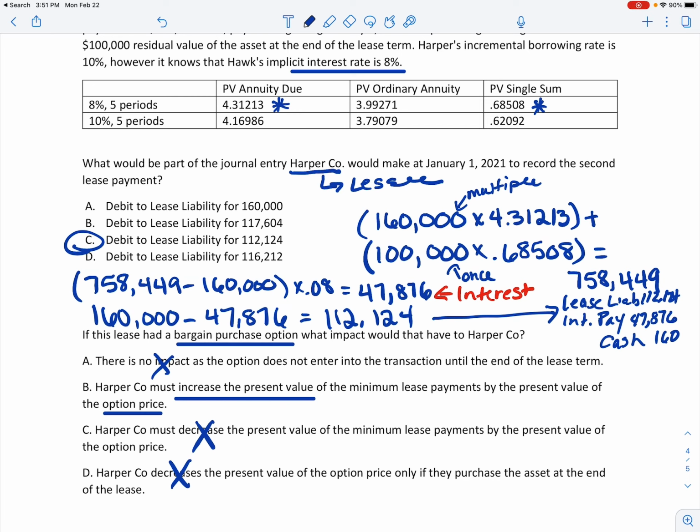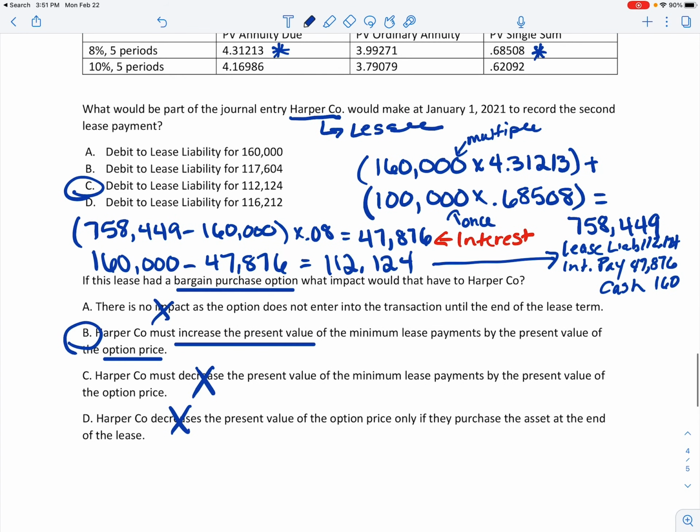So really, if you knew that that bargain purchase option increased your present value, you would know the answer to this. If you didn't know that, try to play a process of elimination and find the one that makes the most sense. So hopefully that helps. If you have questions on this, because I know it's a lot, please let me know.